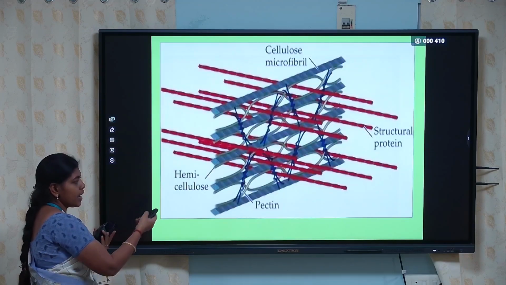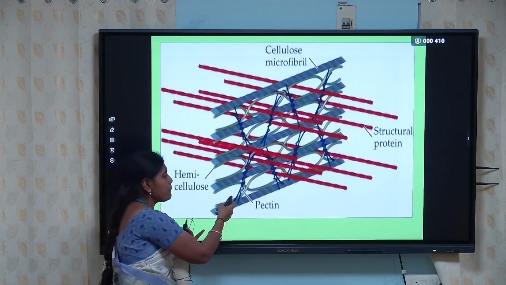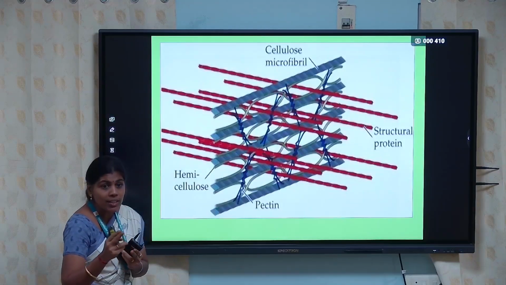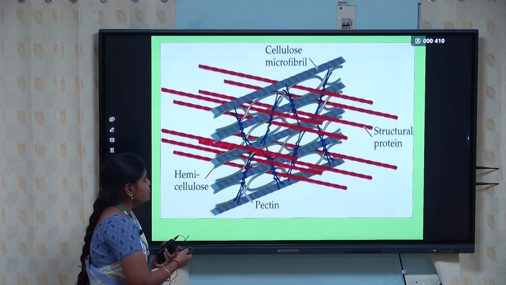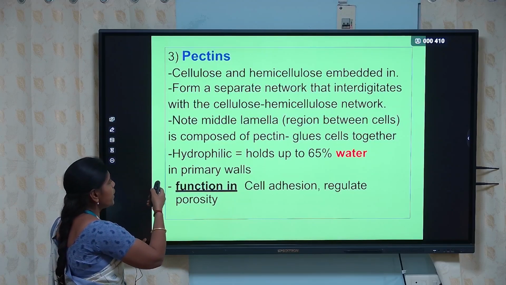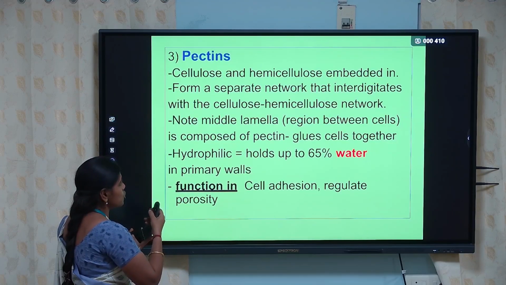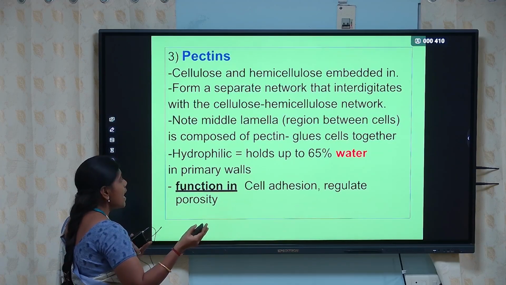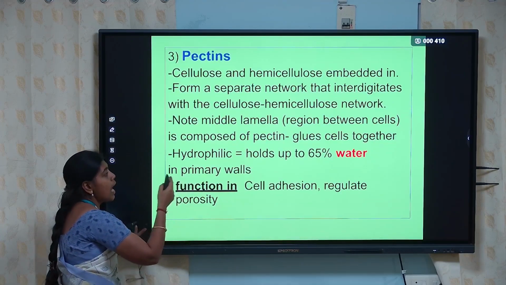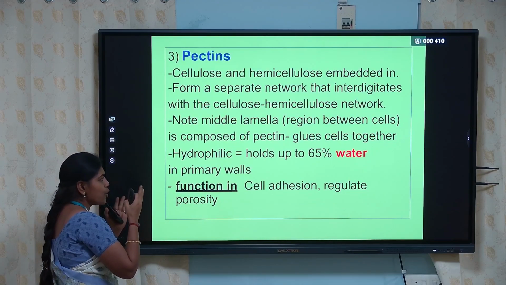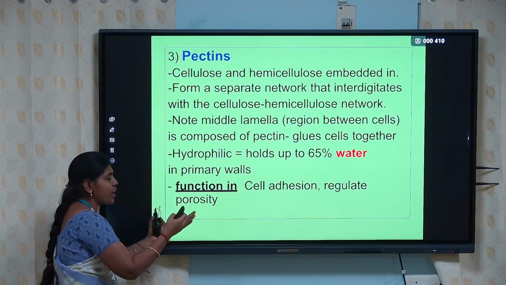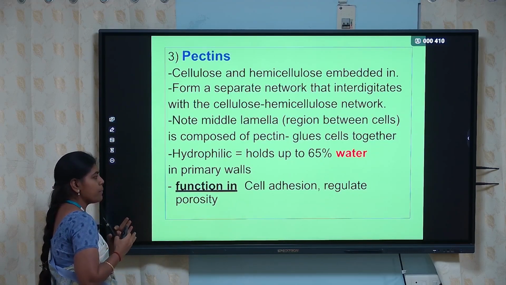The previous image explains how the pectin is integrated with the cellulose and hemicellulose. Okay. And in between is the middle lamella, the region between the cells, composed of pectin, which glues cells together. The hydrophilic pectin holds up 65% of water in primary walls.